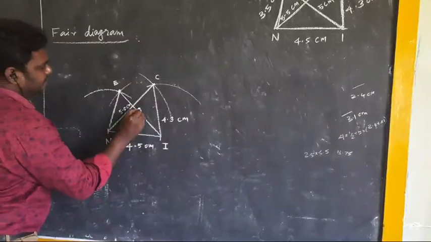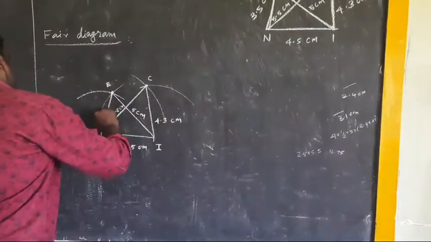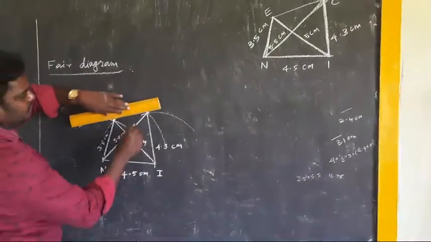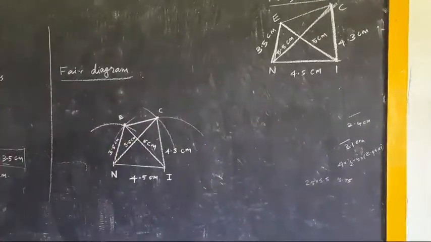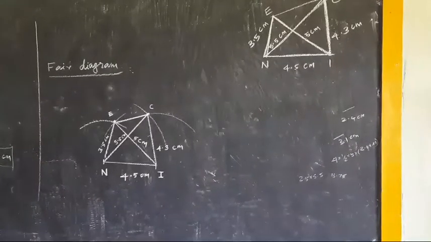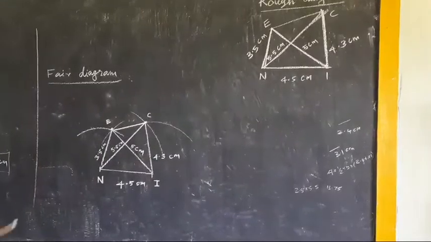This is 5 centimeter and this one 3.5 centimeter. Next draw the line from here. So this is the required quadrilateral. This is the construction of the quadrilateral.